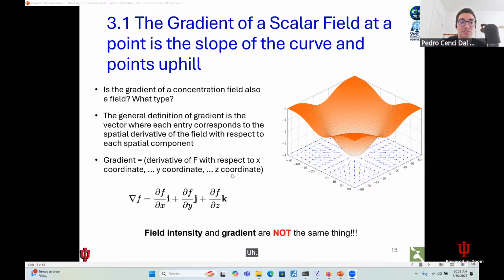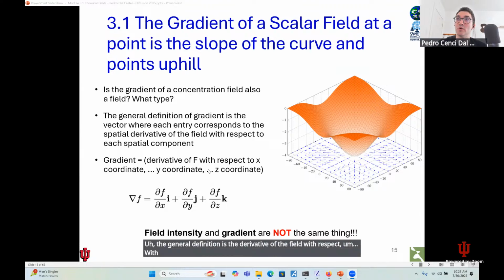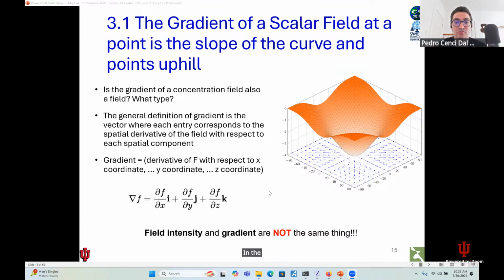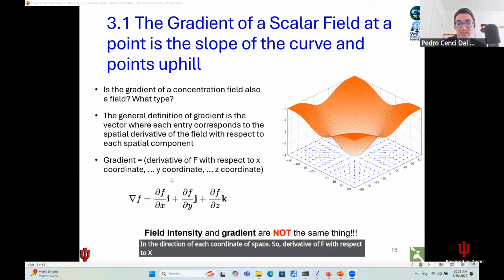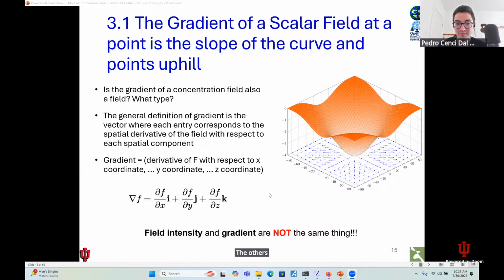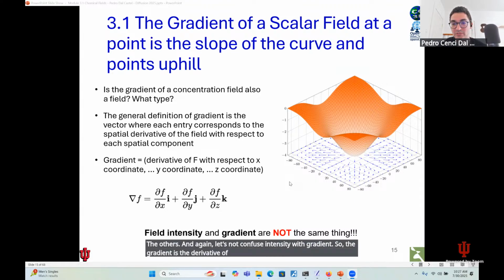The general definition is the derivative of the field with respect to each coordinate of space in the direction of each coordinate of space. So derivative of f with respect to x in the direction of x plus the others. And then again, let's not confuse intensity with gradient. So the gradient is the derivative of the intensity, the spatial derivative. They are not the same thing.